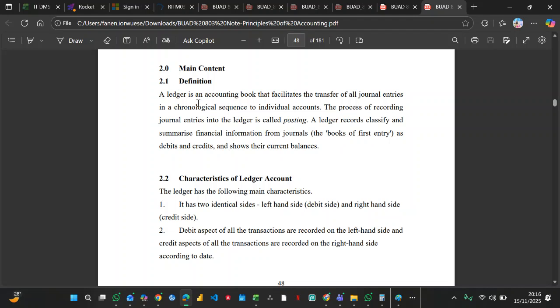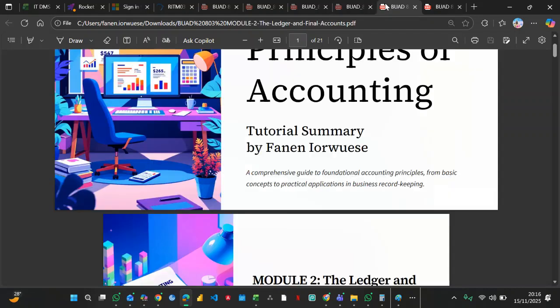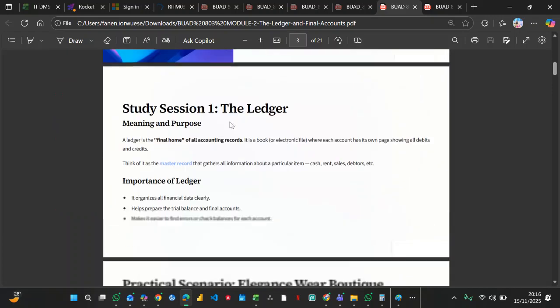What this means is very simple, right? If I go to this summary here, what I put is that a ledger is just the final home of all accounting records.